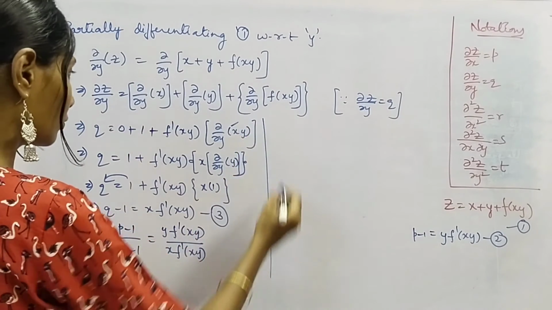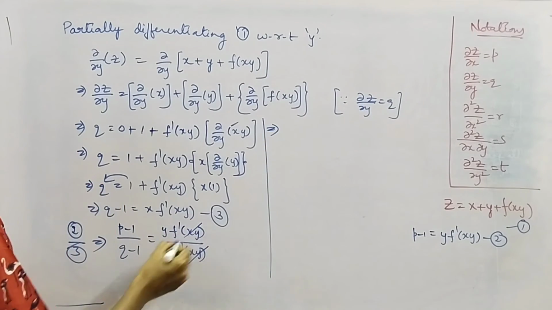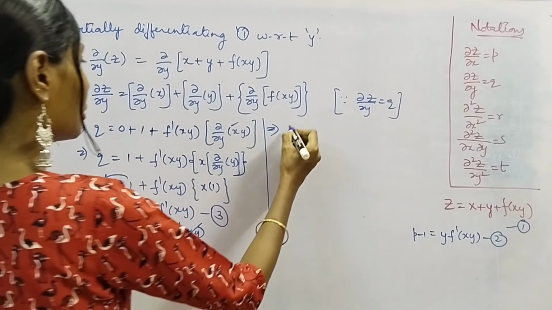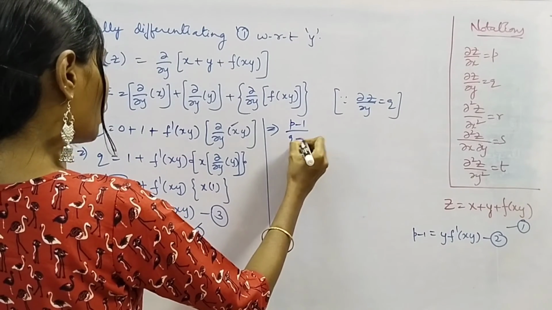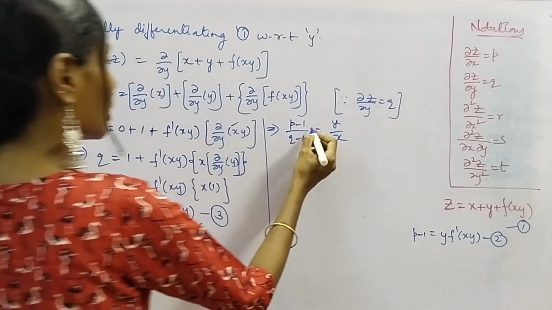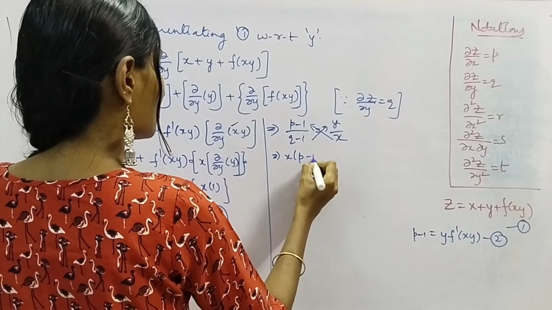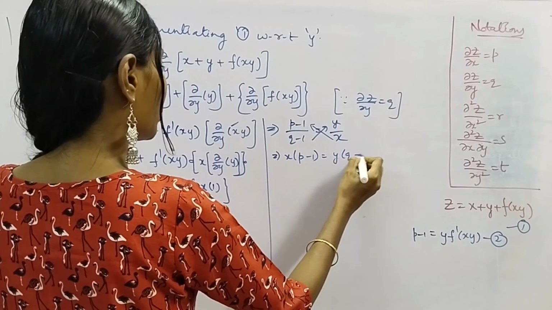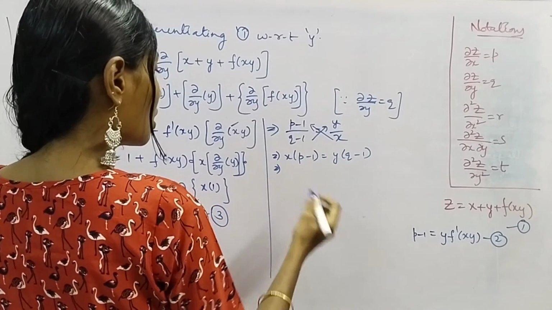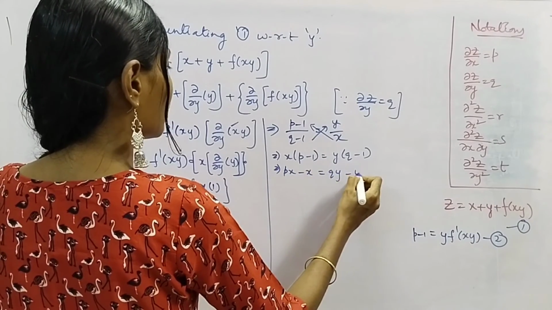Here f dash of xy gets cancelled and you'll get p minus 1 by q minus 1 equal to y by x. Now make a cross multiplication and simplify it. x into p minus 1 equal to y into q minus 1, which gives us px minus x equal to qy minus y.